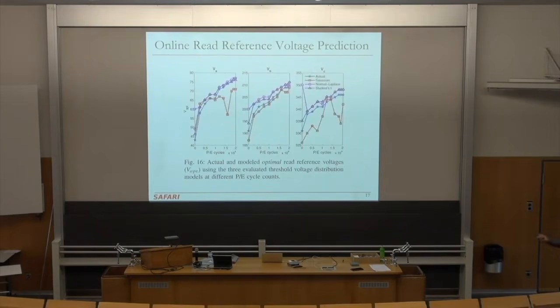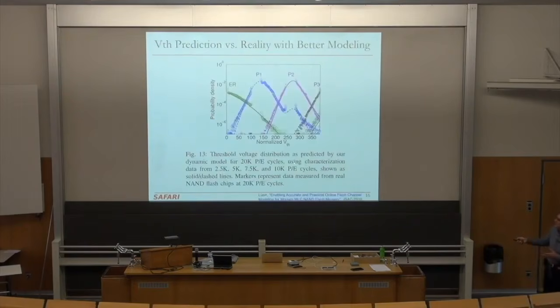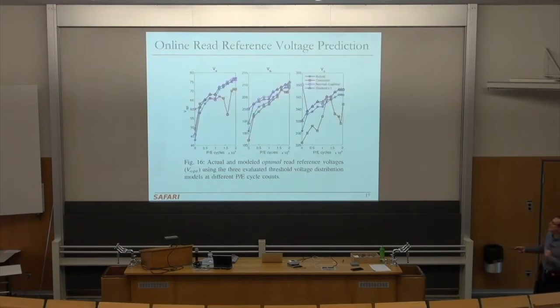Okay, and basically, if you look at the actual and modeled optimal read reference voltages, modeled means, again, based on the prediction that you do, you predict the optimal read reference voltage at 20K based on data that's available to you during these programming erase cycles. And you look at how that compares to the actual optimal, because you can measure the actual optimal at the end when you know the values.